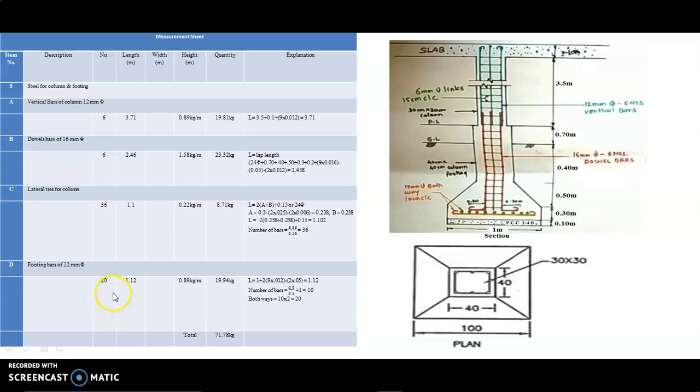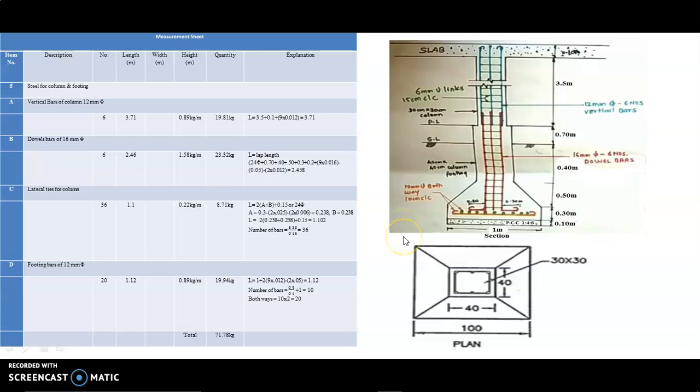We put 20 and multiply, and we get 19.94 kg as the weight of the footing bars. After finding all the bar weights, we sum the quantities and get a total of 71.78 kg as the reinforcement weight in this column and footing.